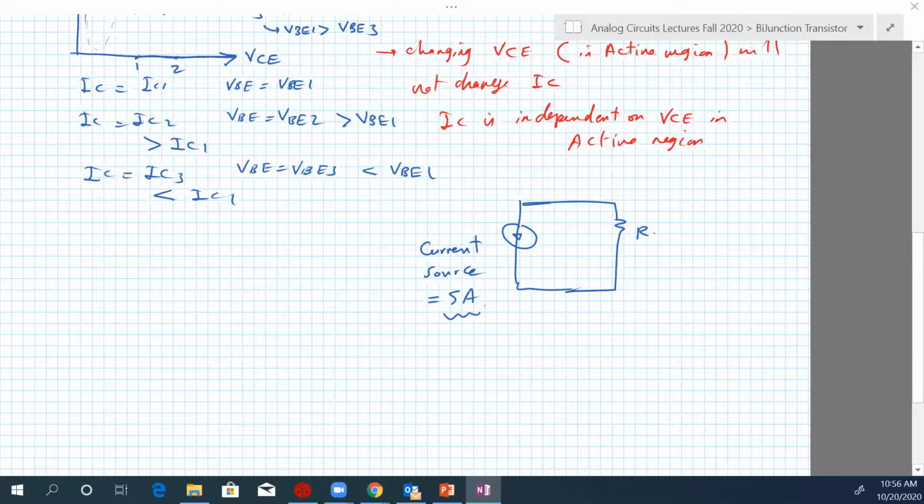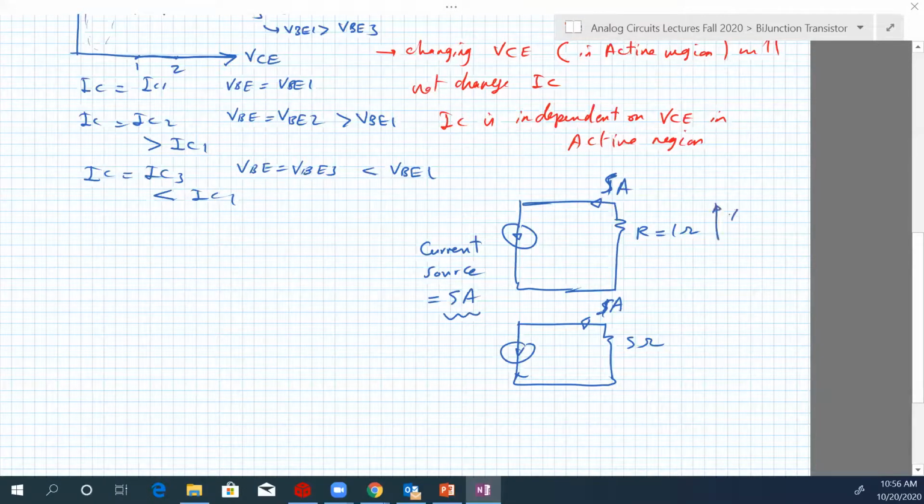So if you connect R equal to 1 ohm, the current flowing here will be 5 amps. If you connect it to 5 ohms, the current is still 5 amps. But the voltage will change.